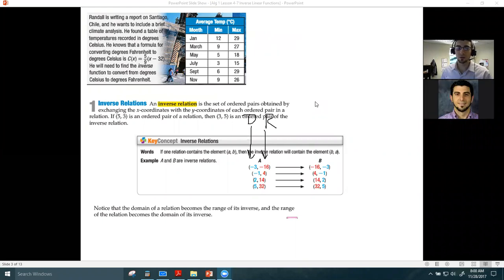Now when you flip-flop those, the domain of the original becomes the range of the inverse, because you took all the x values and made them the y values. Similarly, all the y values of the original function or relation become the domain values of the inverse. It's just another way to look at it with domain and range.